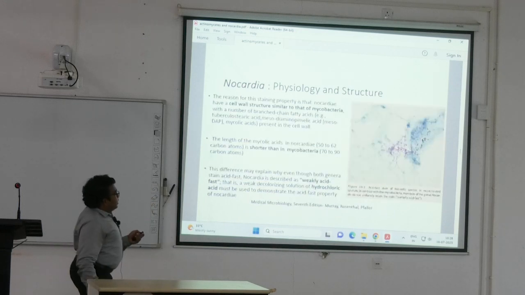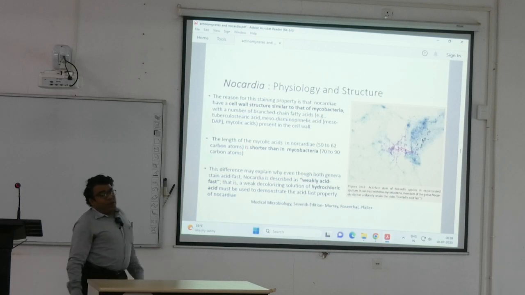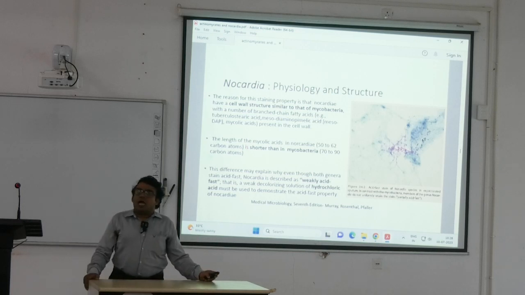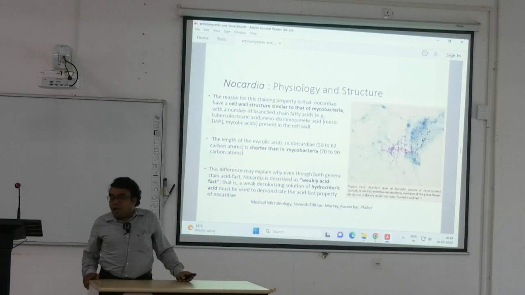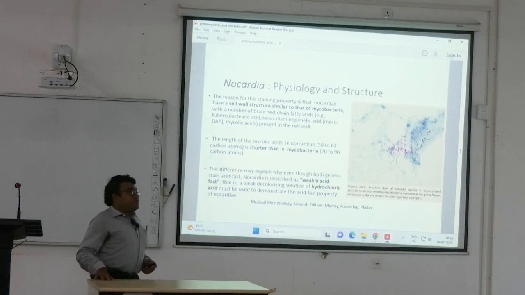Now, this bacteria has a cell wall structure similar to Mycobacteria. The differentiating feature is the mycolic acid. In Mycobacteria, the chains of mycolic acids are much longer. However, in Nocardia, they are much shorter. So, they have an acid fast property, but there is a significant difference.